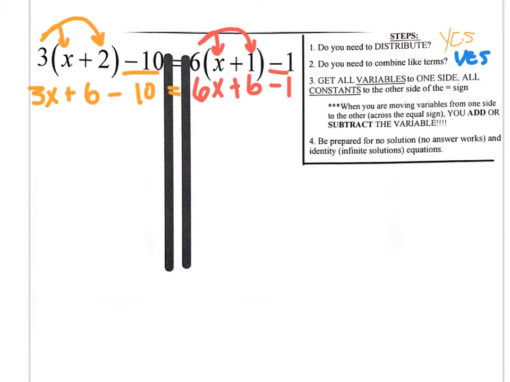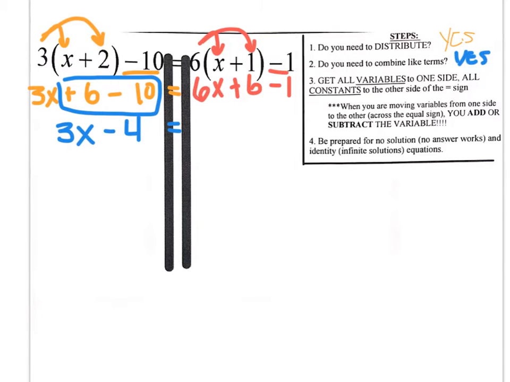Because if we look at our left-hand side, we have a 3x, and then we have a positive 6 and a negative 10. And those are the two things that we are going to combine. So we have like terms right here. So we're going to combine those two things. We're going to get 3x. Positive 6 and a negative 10 gives me a negative 4.